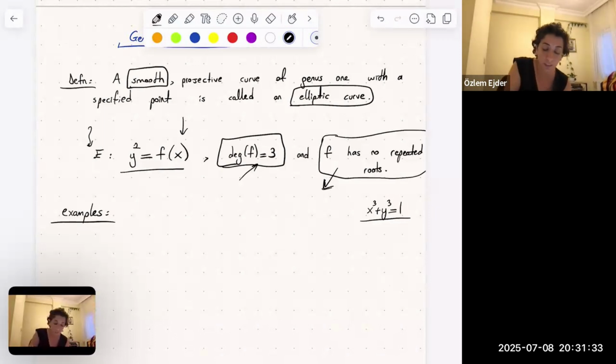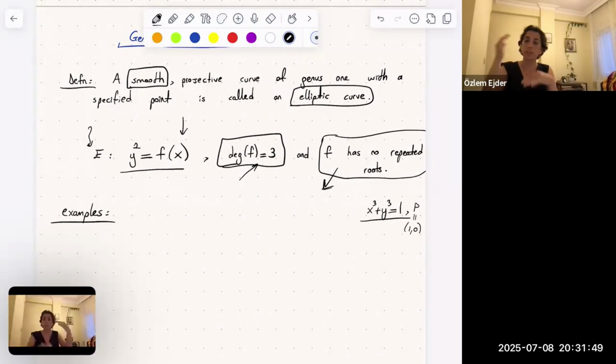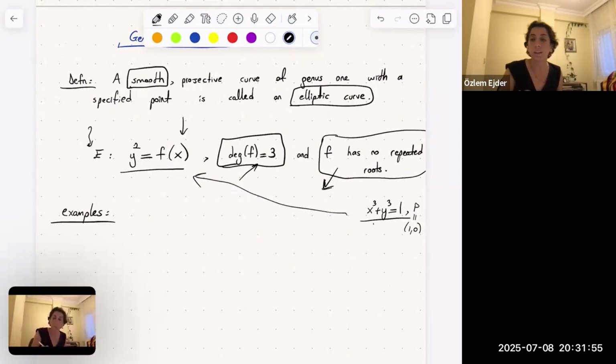This is not in this form, but if you fix a point P on this, like (1, 0), then using this point and doing some manipulations that are allowed, you can put this into this form. This is called the Weierstrass form.